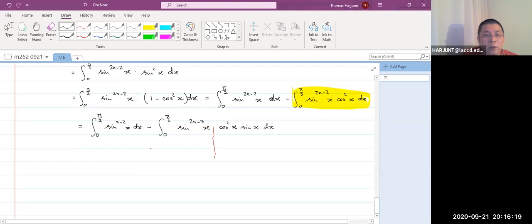So the derivative on the left hand side is 2n minus 3 sine to the 2n minus 4 x times cosine x, while on the right hand side this is negative 1/3 cosine cubed x. I'm sorry, yeah, cosine cubed.